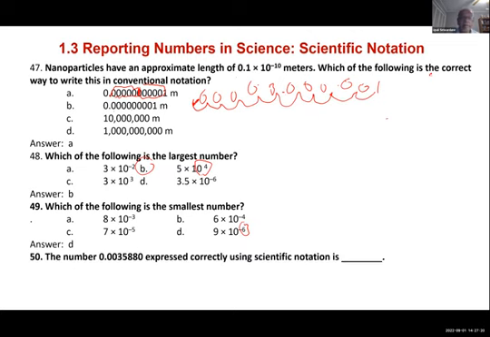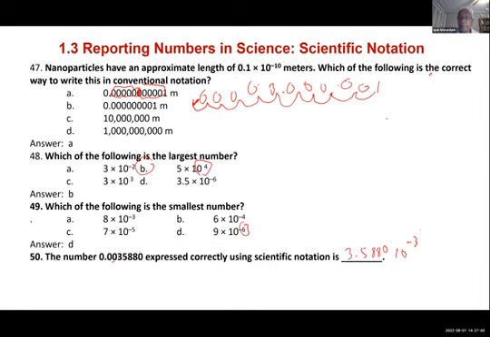Okay, this is an easy one. When you move the decimal place, 1, 2, 3 is 10 to the negative 3. So you write down 3.5888. That's the answer.